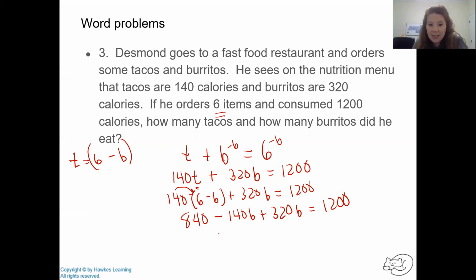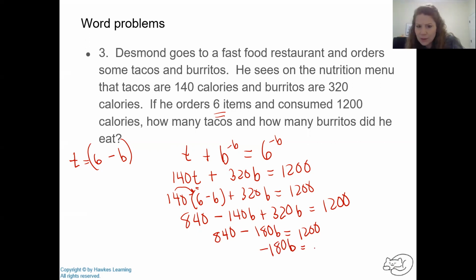So we have 840 plus 180B equals 1,200. We're going to subtract 840. And I get 360. So 180B equals 360.